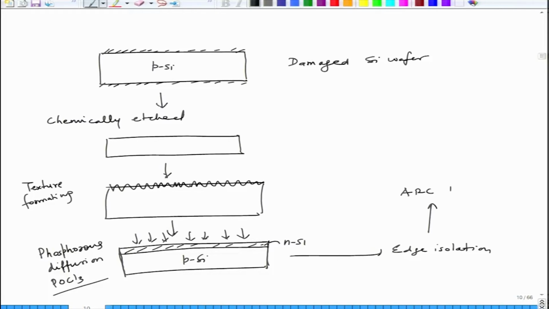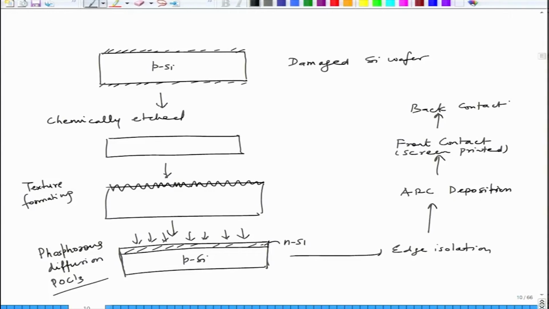The anti-reflection coating is deposited on top, and then we make a front contact, which can be screen printed, and then we make what we call the back contact.